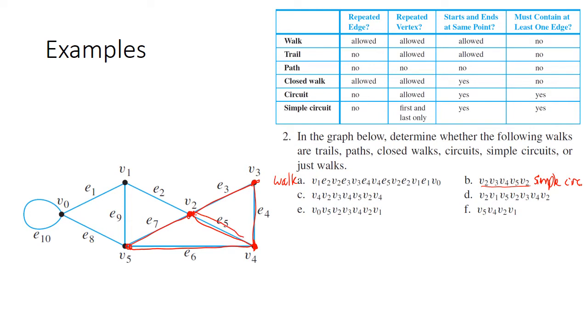Okay, so I did repeat an edge, and I repeated several vertices. But notice that I did begin and end at the same spot. So that is actually going to be a closed walk. I'll just abbreviate it. Oh, that's not a very good abbreviation. Okay, let's try it like this. CW, closed walk.